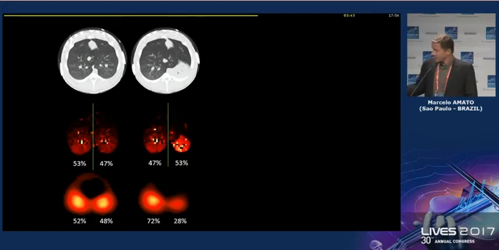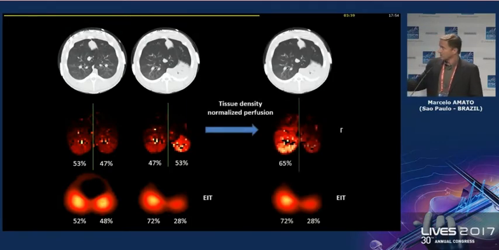To have an equivalent distribution, we had to compute the tissue density in this region, and when we computed this, we got the same signal as EIT. So EIT is representing the perfusion of the whole left lung, and only after normalizing by the densities can you have the same results. So it's not easy to compare different techniques.